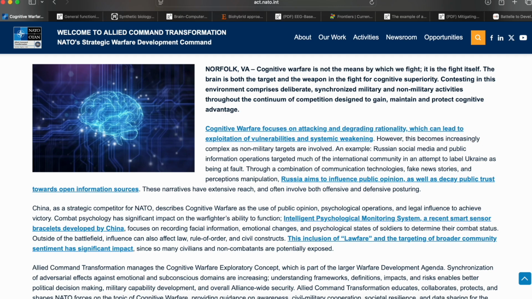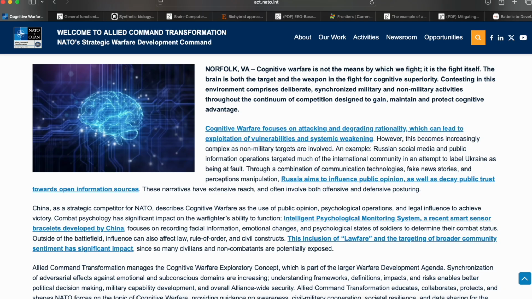China, as a strategic competitor for NATO, describes cognitive warfare as the use of public opinion, psychological operations, and legal influence to achieve victory. Combat psychology has significant impact on the warfighter's ability to function. Intelligent Psychological Monitoring System, a recent smart sensor bracelet developed by China, focuses on recording facial information, emotional changes, and psychological states of soldiers to determine their combat status.